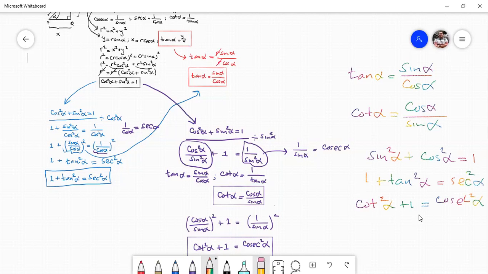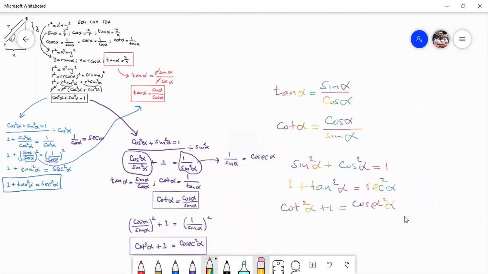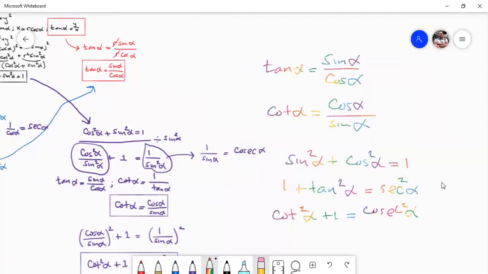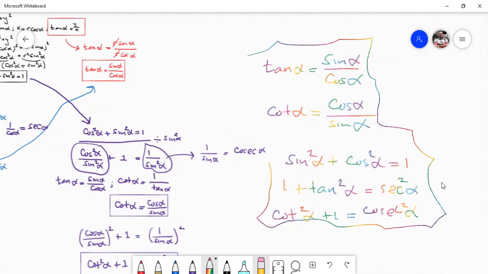That's the formula. And don't forget the reciprocal and the basic trigonometric ideas. So, wow, look at this.